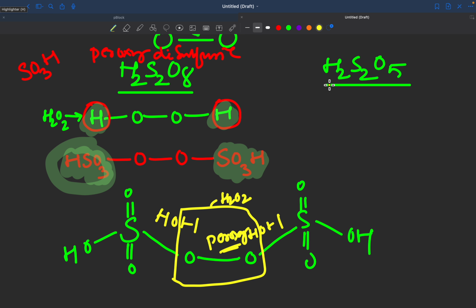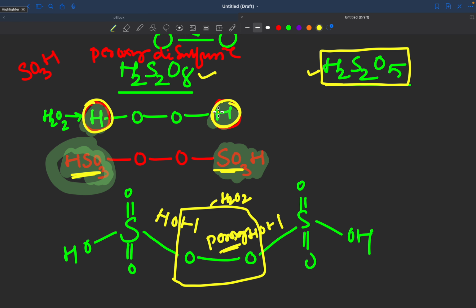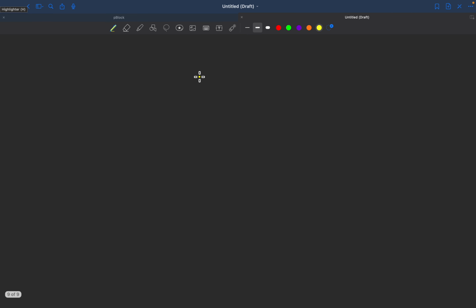Next one is H2S2O5, which is peroxy monosulfuric acid. The difference between this and this would be, in hydrogen peroxide we replaced both the hydrogens by SO3H groups, but here you have to keep one of them and replace the other one. I'll explain in the next page.